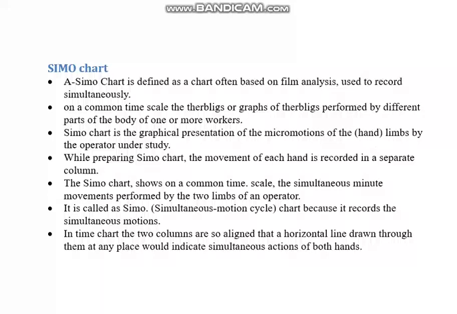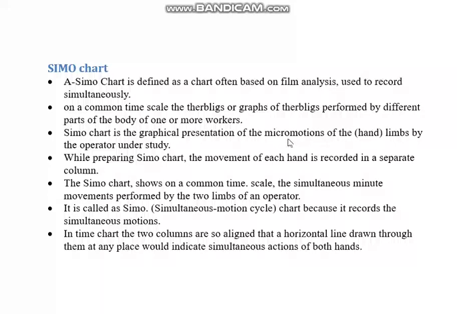Okay, so these micro motions of the hand or limbs by the operator under study. So one operator we can choose, or more than one operator, and his body parts or limbs, that is legs and hands, how they are moving, and what are the micro motions.